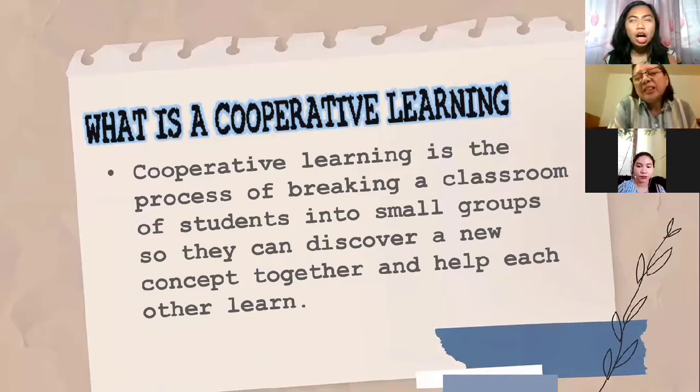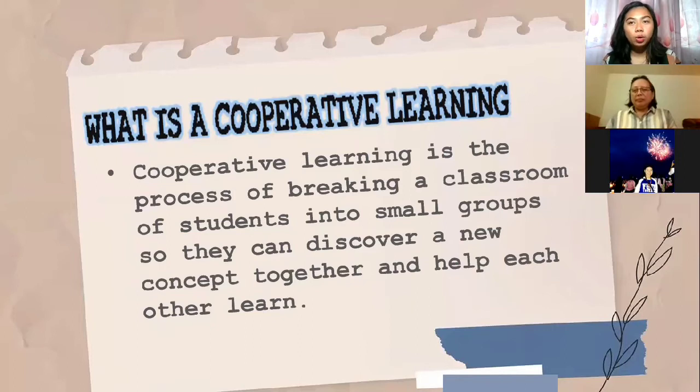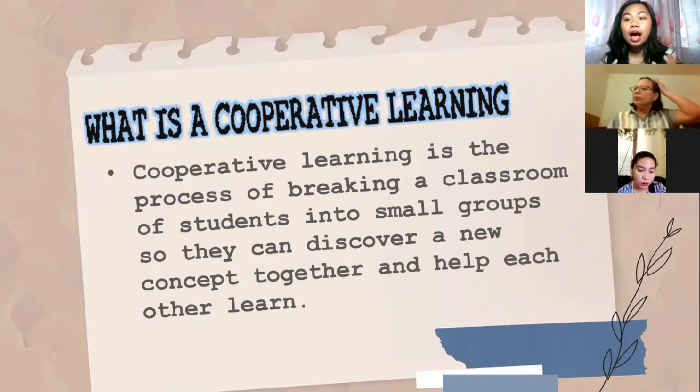So the core element of cooperative learning is to showcase the positive effects of interdependence while underlining the importance of personal responsibility. Personal responsibility means that you as a group mate have to share something that will help your group to achieve a specific activity or task.